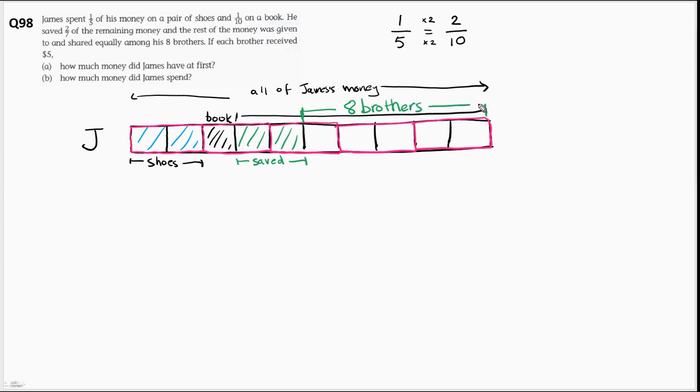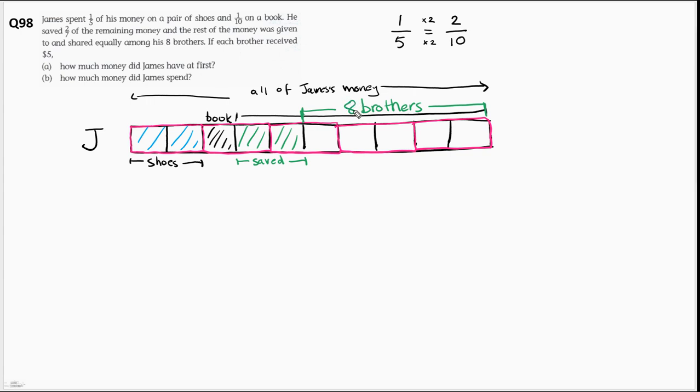Okay. Now, what are we told about that? Firstly, we've got 8 brothers. Let's have a look at these parts. How many do we've got? 1, 2, 3, 4, 5 parts. 8 brothers and 5 parts. Well, that's not very convenient, is it? It would have been nice if there had been 8 parts here, and then each of these parts would have represented a brother, but evidently they don't.